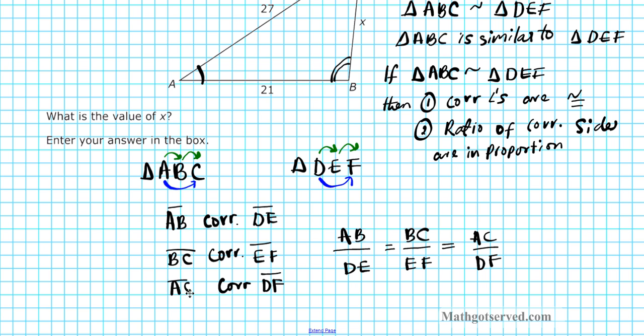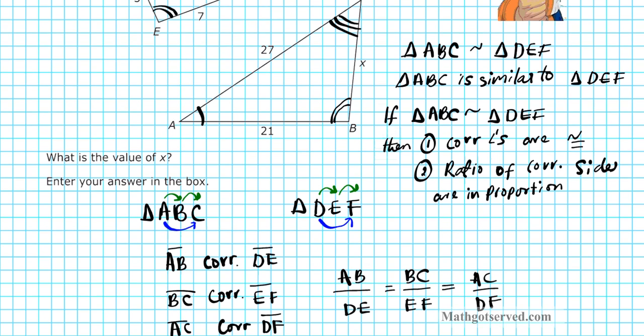ACDF down here, the pair at the bottom, BCEF, the second pair, and then ABDE as the top pair. So these ratios are in proportion. This is what it means for two triangles to be similar, apart from the fact that corresponding angles are congruent. This is what we need to solve the problem.